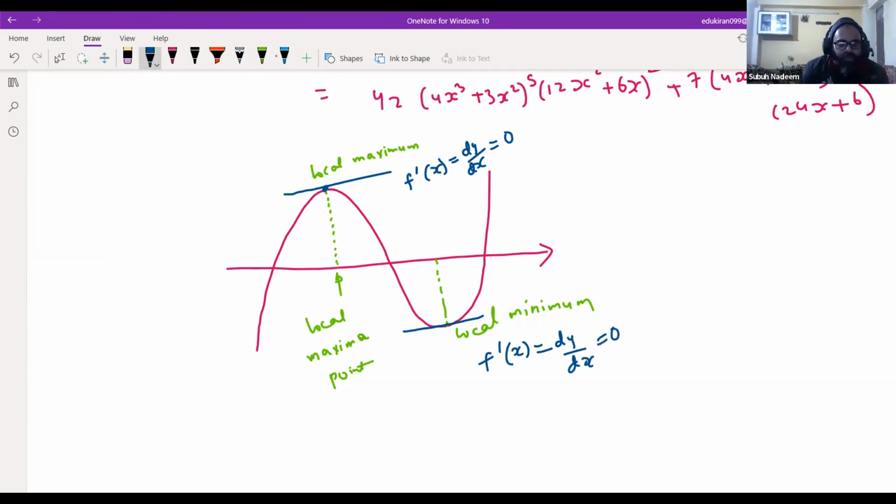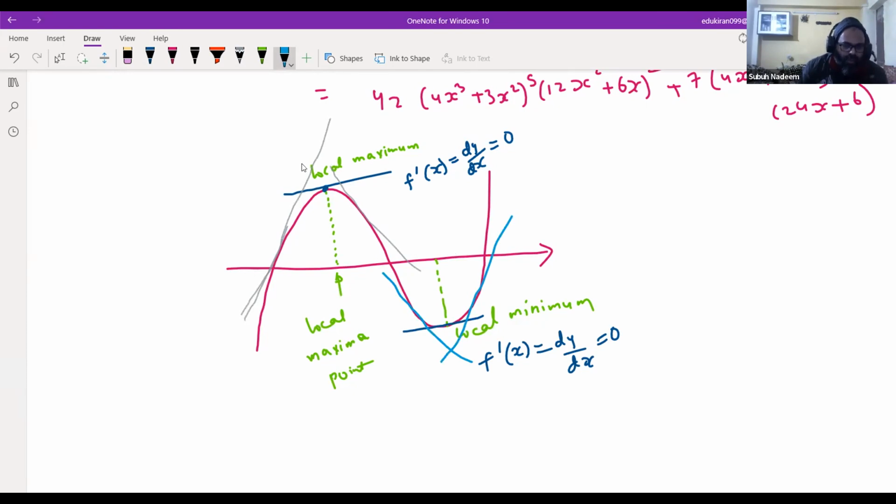Now, how can you differentiate between a local maximum and a local minimum? If we talk about a local maximum, initially the slope is positive. That is, the graph is increasing. Then the slope is negative. And for a local minimum, the slope is negative, then the slope becomes positive.